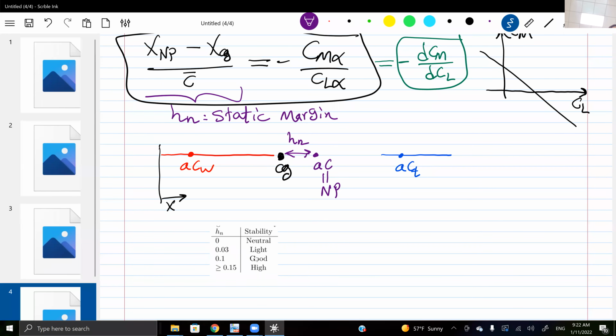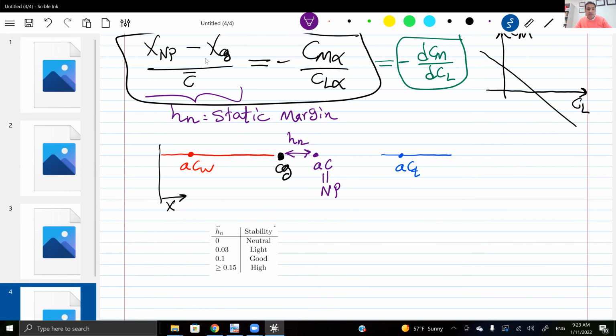What are the implications of that? This is very important. Why? Because look at this. Changing the static margin HN by 5%, from 0.1 to 0.15, will change the airplane characteristics from one configuration or category to another. And what do you mean by changing the static margin by 5%?